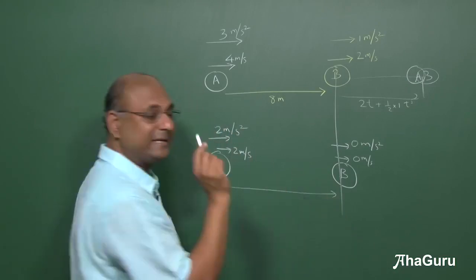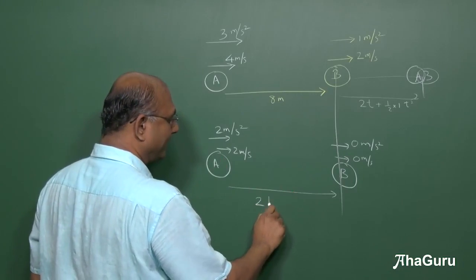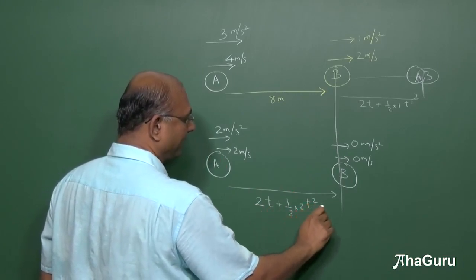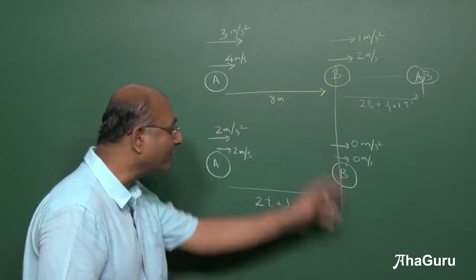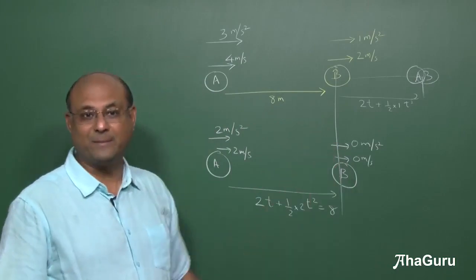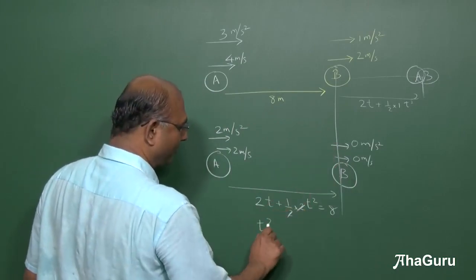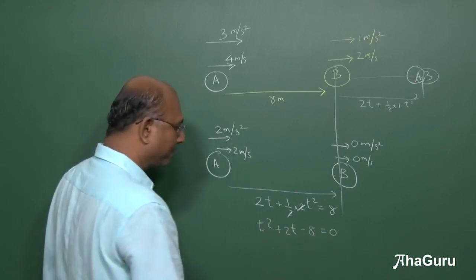Now in t seconds, this fellow will travel ut plus half a t square, and that must be equal to 8 because this distance is 8. B is not going anywhere, so catching up just simply means a distance of 8. Now if I did this, you can see that I have t square plus 2t minus 8 is 0, right?